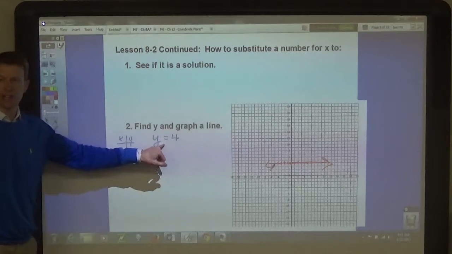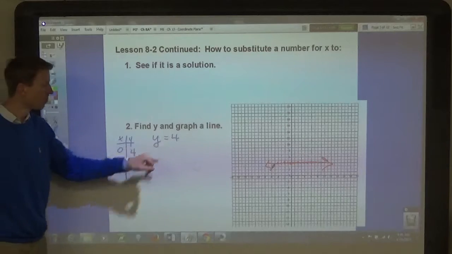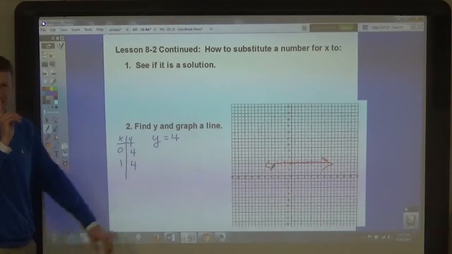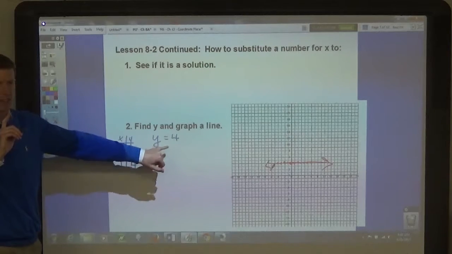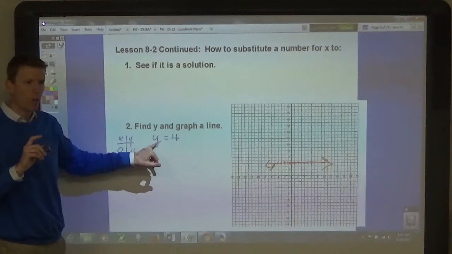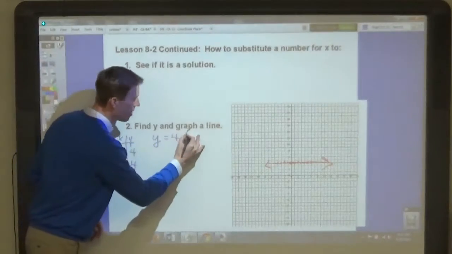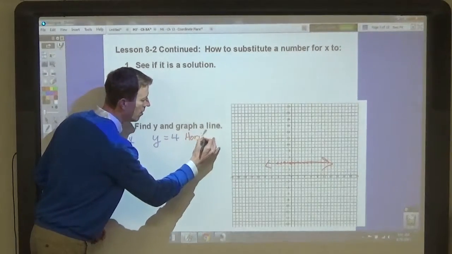This is a specific equation that you have to remember, where y is always 4, or y is always a number, this is always a horizontal line.